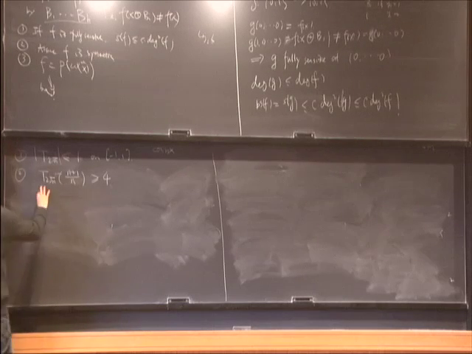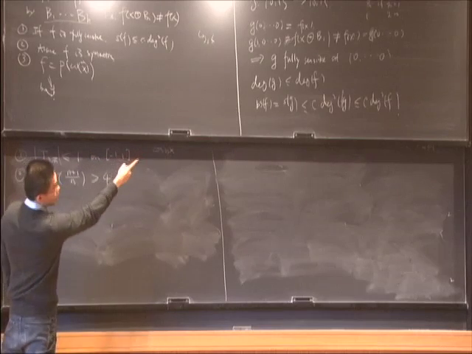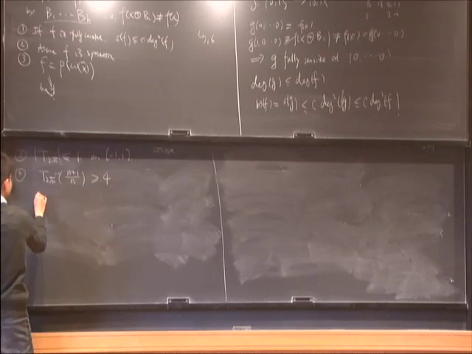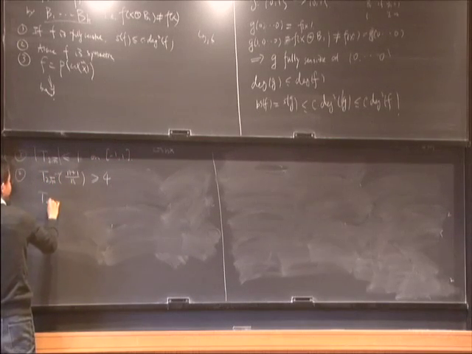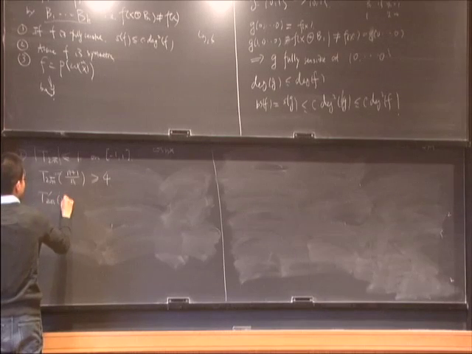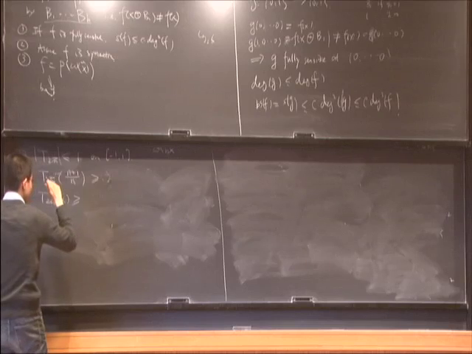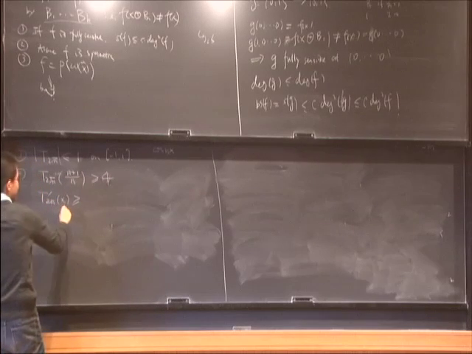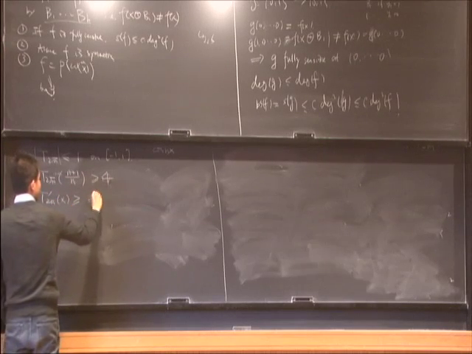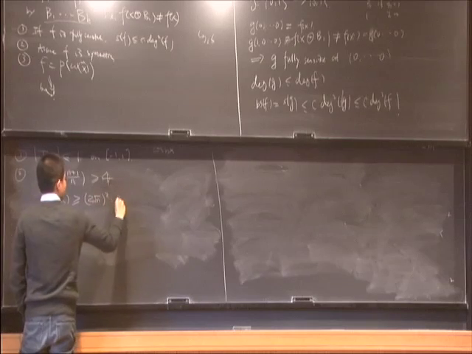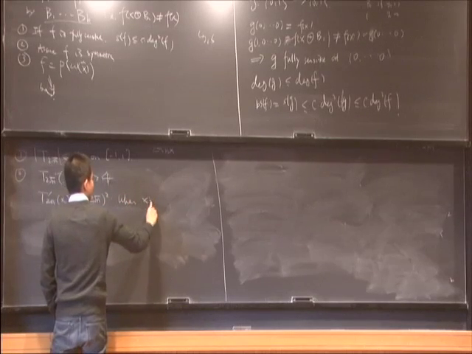This is because if you do the computation I did before, you can see the derivative is greater than or equal to 2 root n squared when s is greater than or equal to 1.